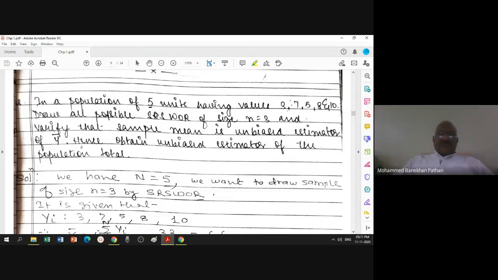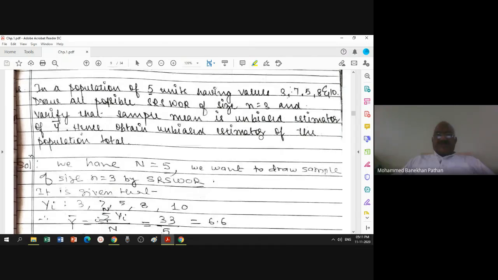Draw all possible simple random samples without replacement of size 3 taken from 5 elements and verify that the sample mean is an unbiased estimator of the population mean. Hence, obtain an unbiased estimator of the population total. So, this is a simple example to verify the results we proved last time.